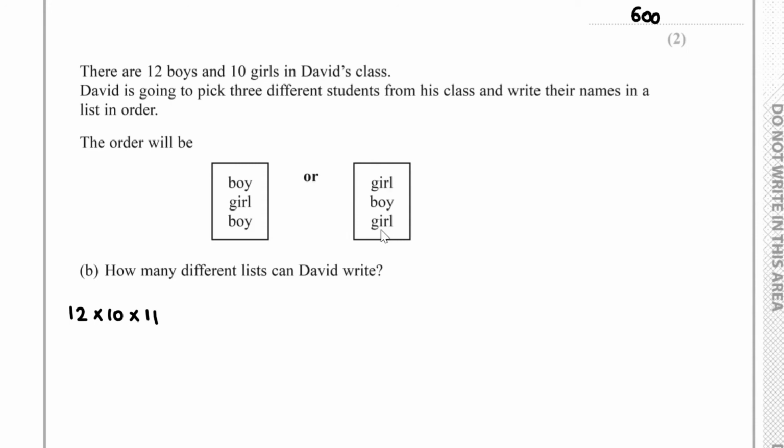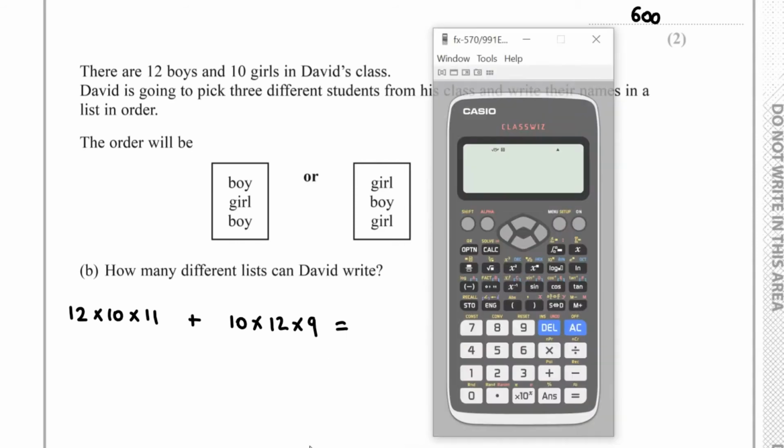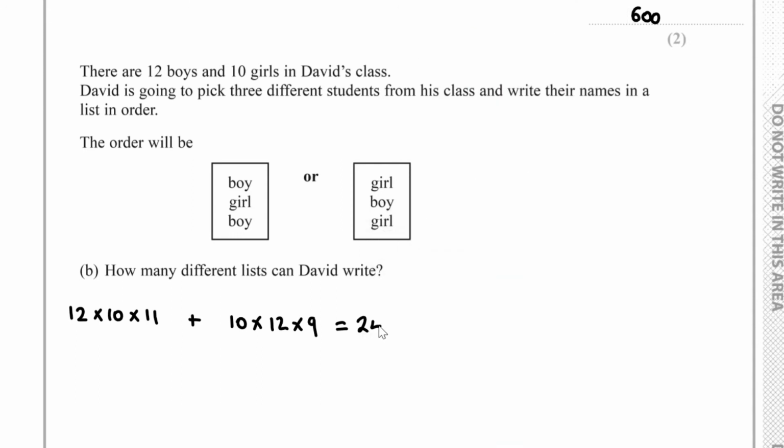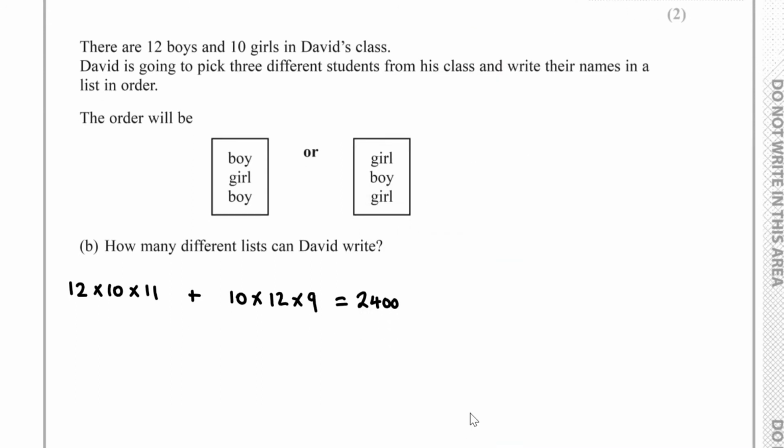But if we look at girl, boy, girl, we have 10 girls, then we've got 12 boys, and then we've got another girl being chosen, so therefore there's 9 girls now. So if we add these together, this will be the different lists that David can write. So here we've got 120 times 11 plus 12 times by 90, which is 2400. So we've got 2400.